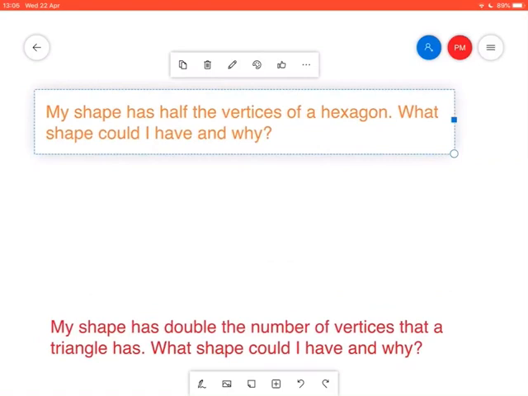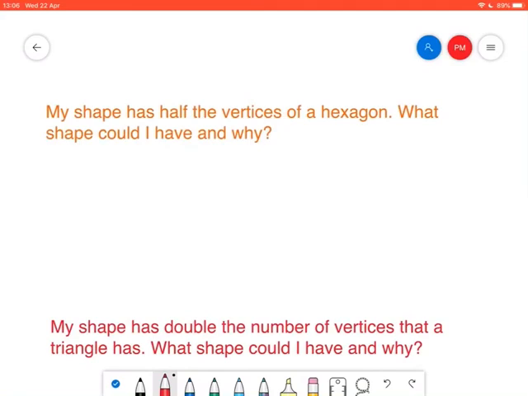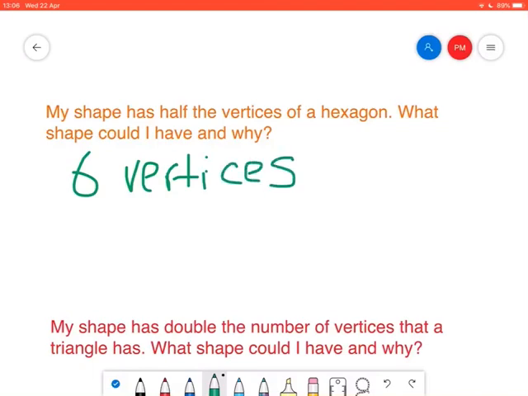So my shape has half the vertices of a hexagon. So as we know, a hexagon has 6 vertices. So half of 6, which we know is 3 vertices. And now we are trying to think of which shape has 3 vertices in them.